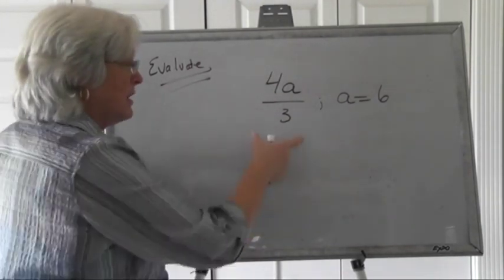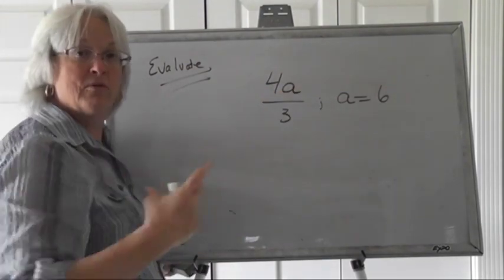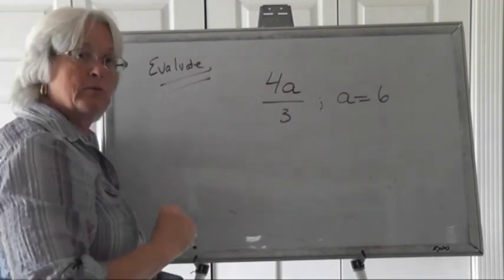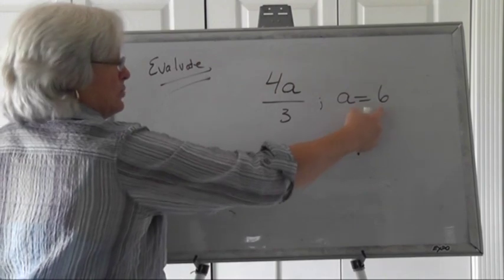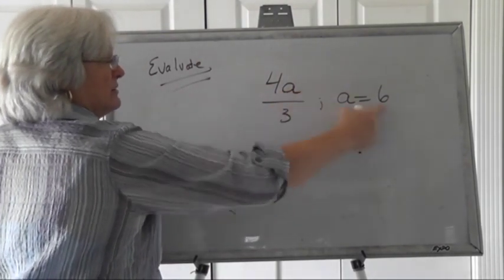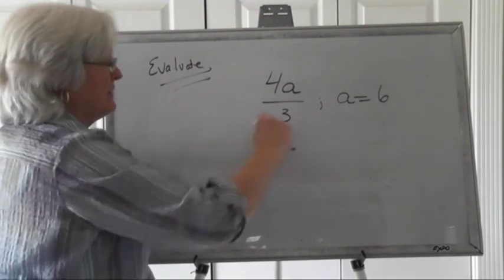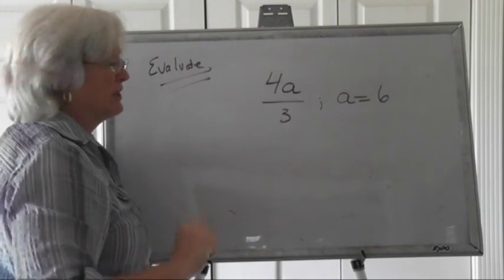All this means is we have this expression here. It's going to have a different value for it according to what you say that a is going to be. But for this problem and this problem alone, we're saying that a is equal to 6. So 4a means 4 times a. This fraction bar means we have division, so we're going to have a couple things going on.